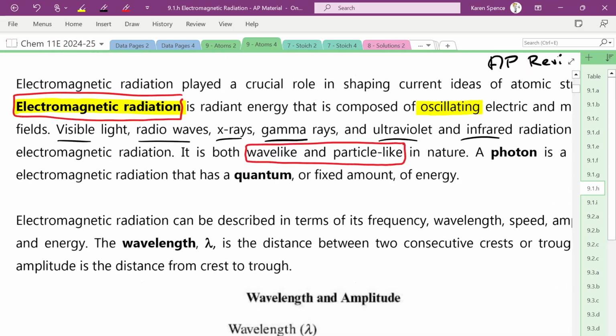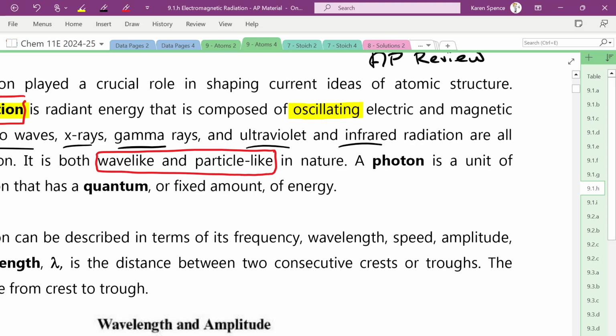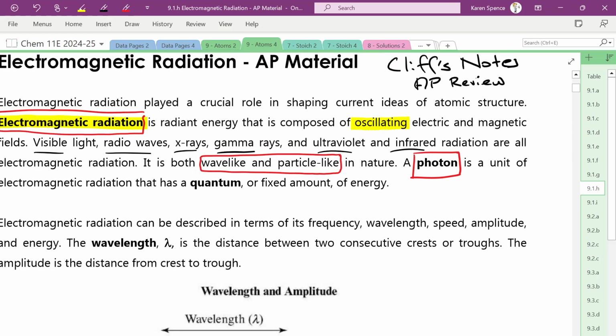And a photon is a unit of electromagnetic radiation or light that has a quantum, which means fixed amount of energy.